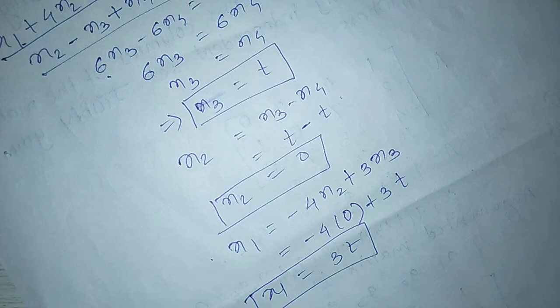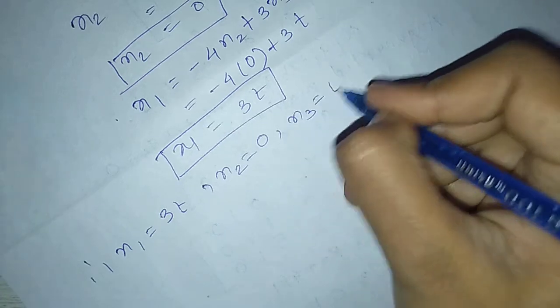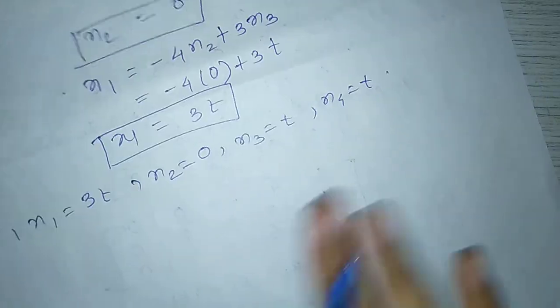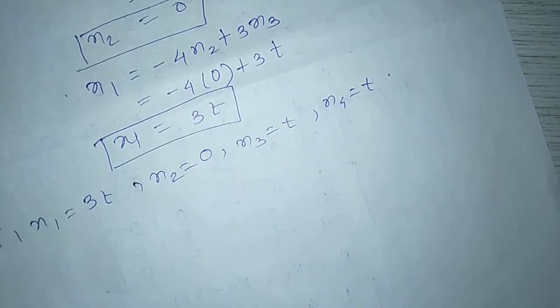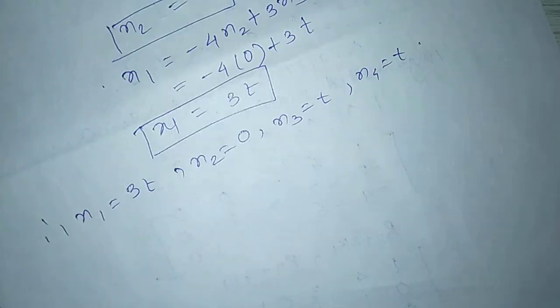Therefore x1 equal to 3t, x2 equal to 0, x3 equal to t, x4 equal to t. t is a free variable, which means t may not be 0. So x1, x2, x3, x4 are not all zeros.